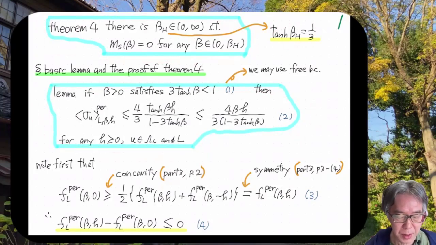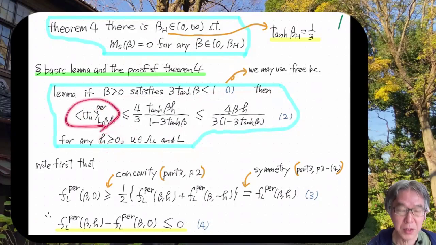Okay, so what does this lemma say? Well, if beta satisfies this, so actually it means that beta is in this range, then for any non-negative h and any site u and any system size L, this quantity, the expectation value of sigma u, the spin at site u, in the periodic boundary condition in the system size L, inverse temperature beta, and magnetic field H, is upper bounded by this quantity.